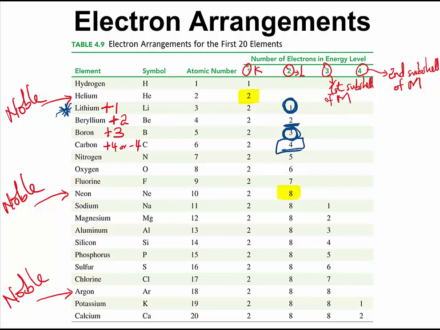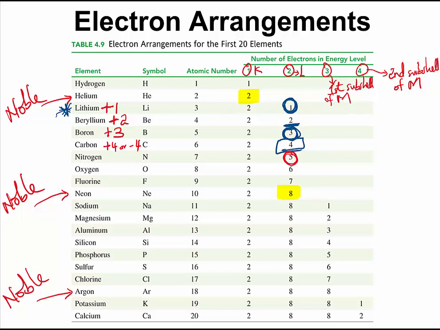The next element is nitrogen. Nitrogen has 5 electrons in its outermost shell. 2 pathways are possible to be like a noble gas. Gain 3 electrons to be like neon, or lose all the 5 electrons.